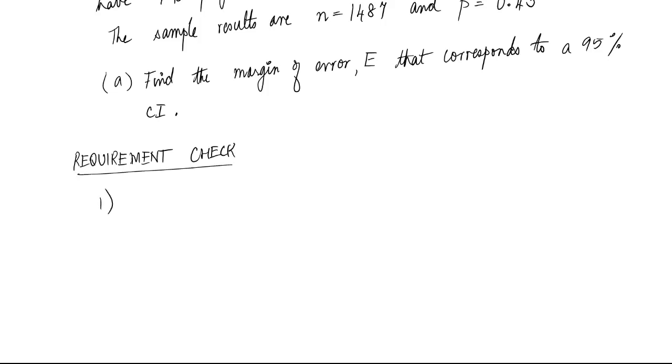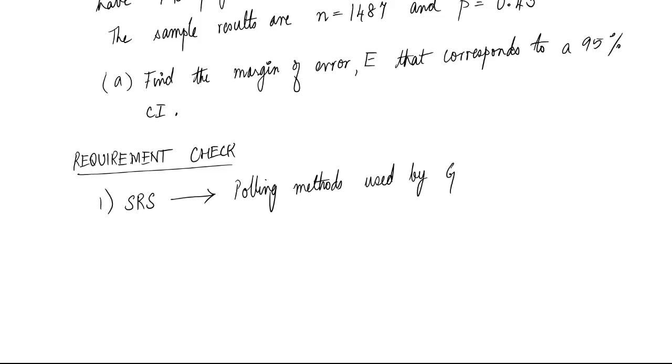The first one said it must be a simple random sample. Do we have proof that the sample was collected by the simple random sampling method? Well, we know that the Gallup organization is well known and reputable, so we know the polling methods used by Gallup use simple random samples.